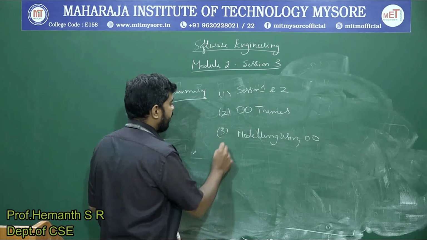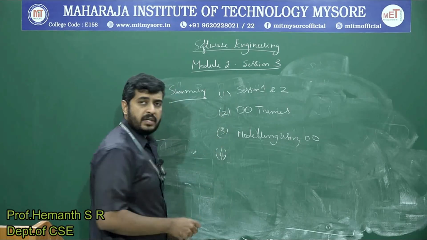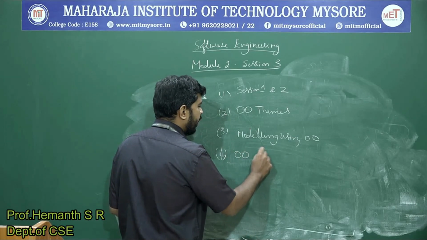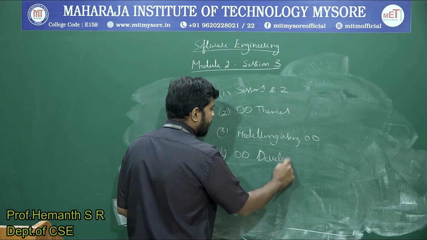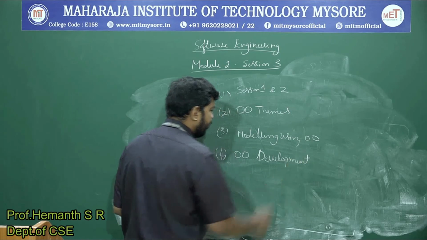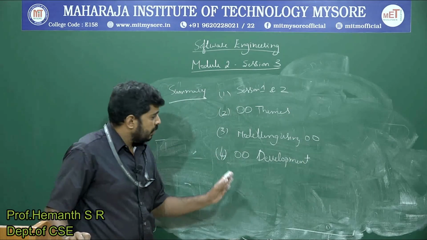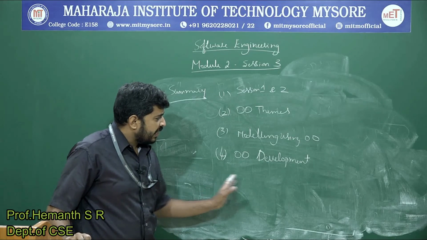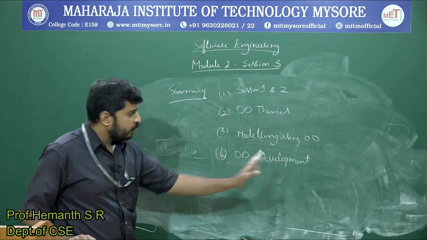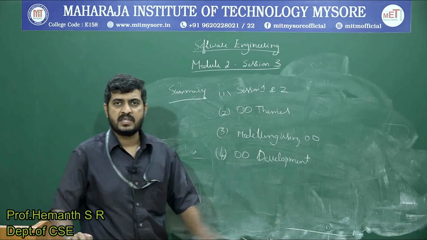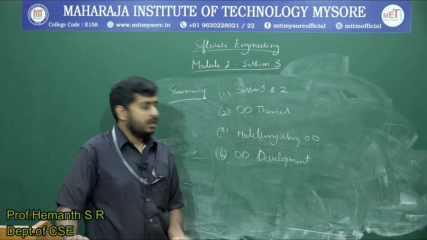Finally, we concluded session 3 with object oriented development. We understood how object oriented development makes a transition from the starting point to the implementation level. Okay, we understood how different things go in sequence.